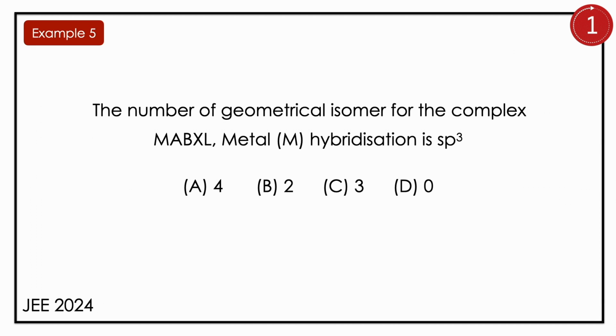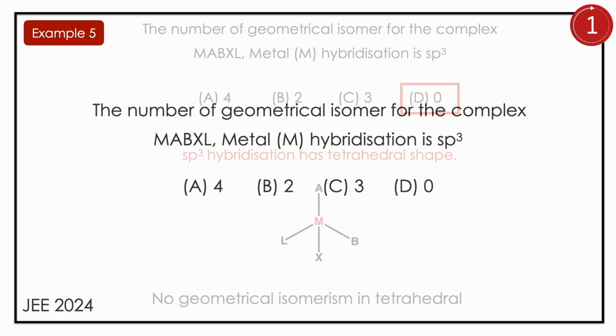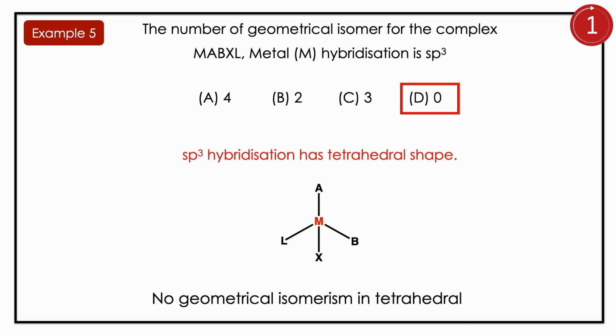Then the next example: the number of geometrical isomers for the complex MABXL, where the metal is M and the hybridization is sp3. Choices are A 4, B 2, C 3, D 0. The given compound has sp3 hybridization, that is a tetrahedral structure.